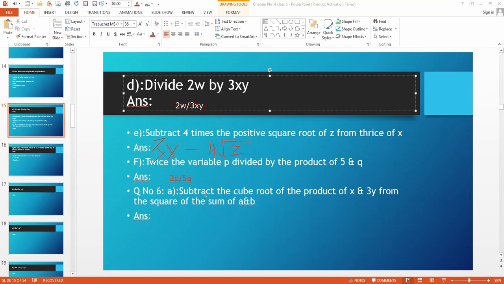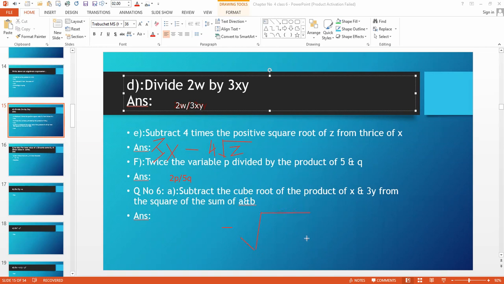According to question 6, it is written: subtract the cube root of the product of x and 3y. We have to take the cube root of this. I will use the pencil so it becomes easier. First we put the sign of subtraction. Subtract the cube root of the product. First I put the cube root here.